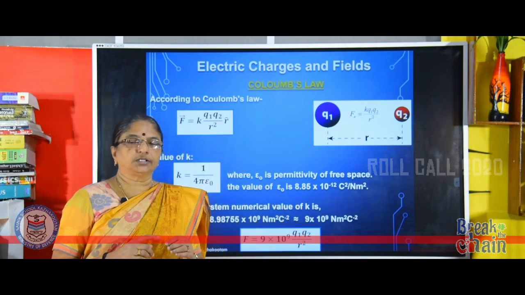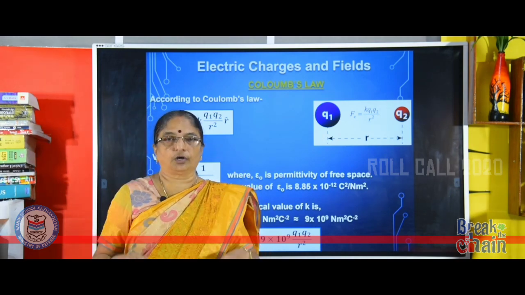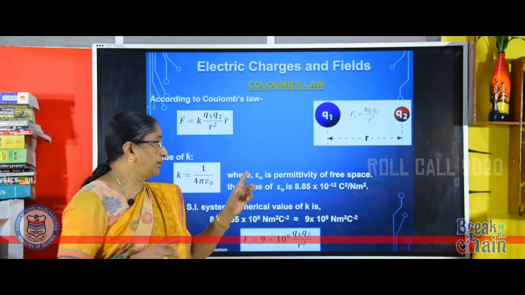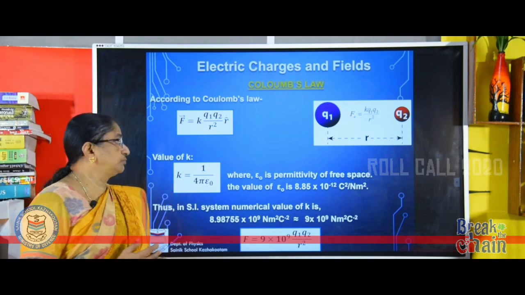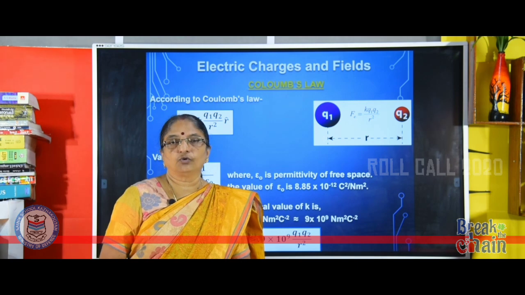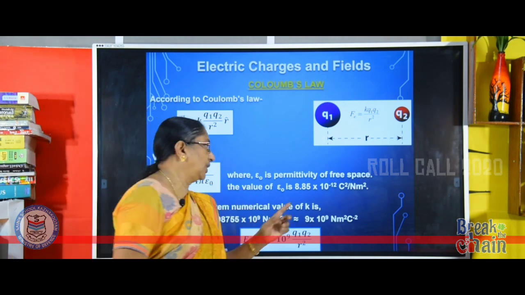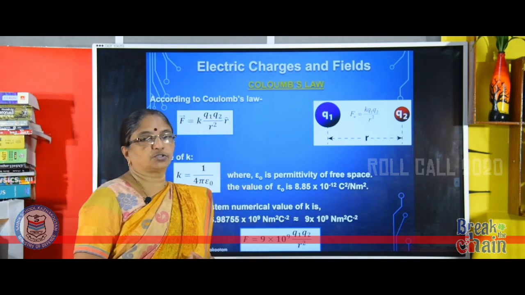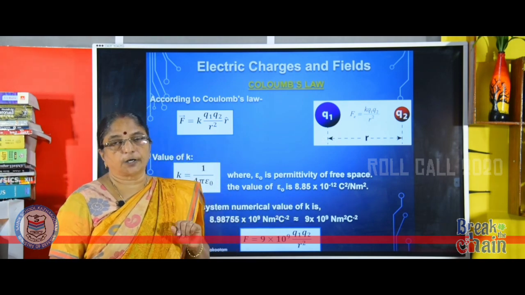If the two charges are kept in air and if the same two charges are kept in water, the electrostatic force between them will vary, because the permittivity of free space is different from that of water. So epsilon 0 is known as permittivity of free space, whose value is 8.85 into 10 raised to minus 12 Coulomb square per Newton meter square, and that unit is obtained from the same Coulomb's law equation.